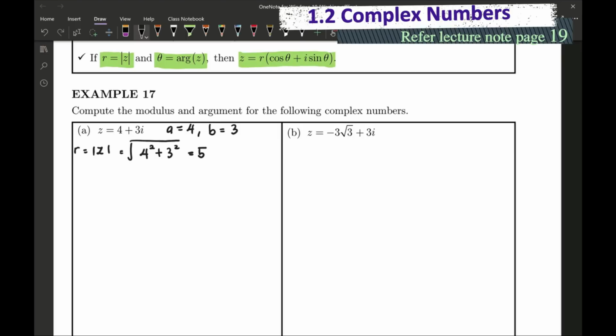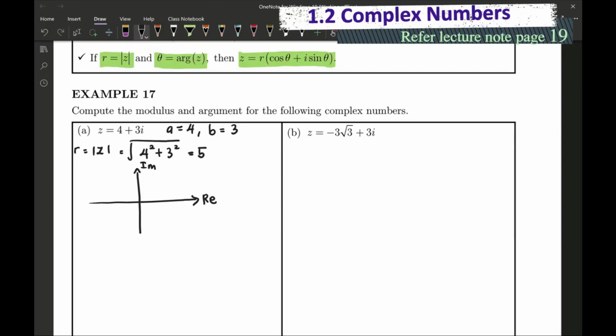Okay, we have our r, or our modulus of z. So now we need to find our theta, or our argument of z. To find our theta, we need to draw an Argand diagram, because we want to know the position of our complex number. This is our real part and this is our imaginary part.